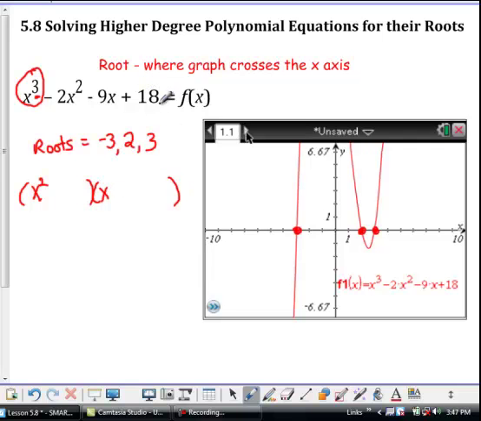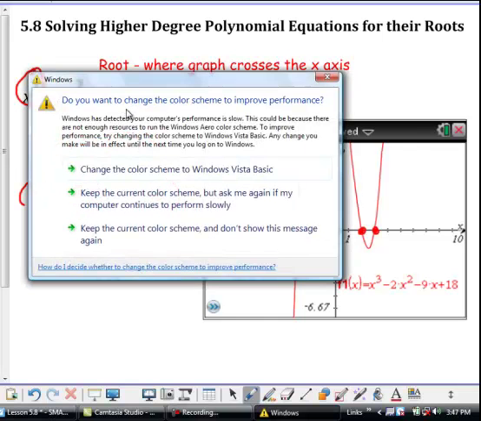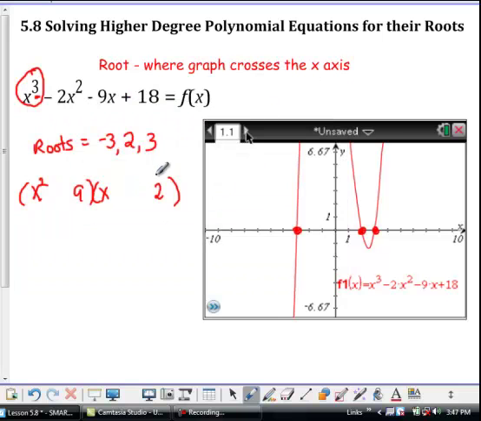Okay, 18. How am I going to get 18? Well, I could get 9 and 2, so let's do 9 and 2. And it's got to be a positive 18. So I could make this, and there's some negatives in here, so this has got to be a negative and a negative.